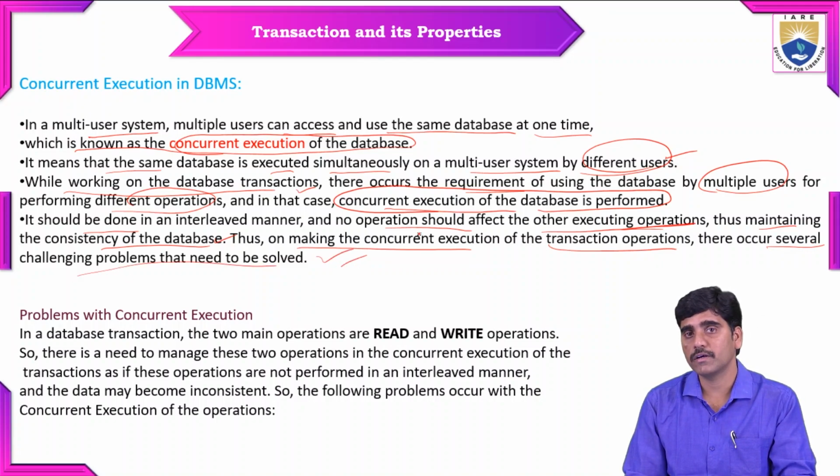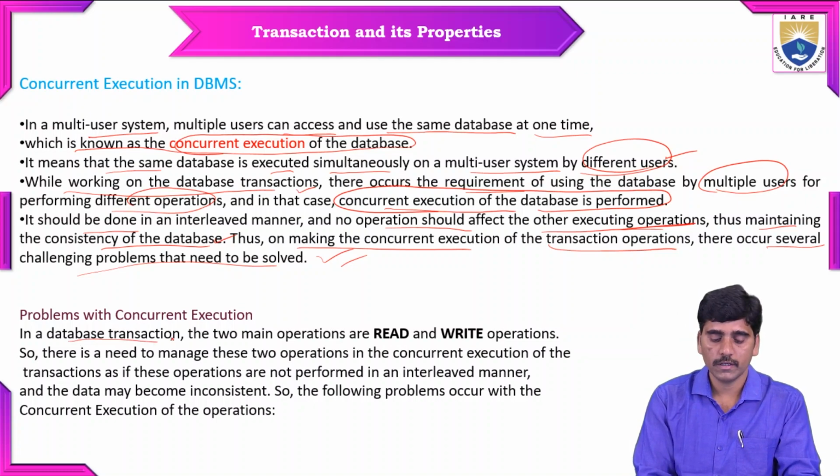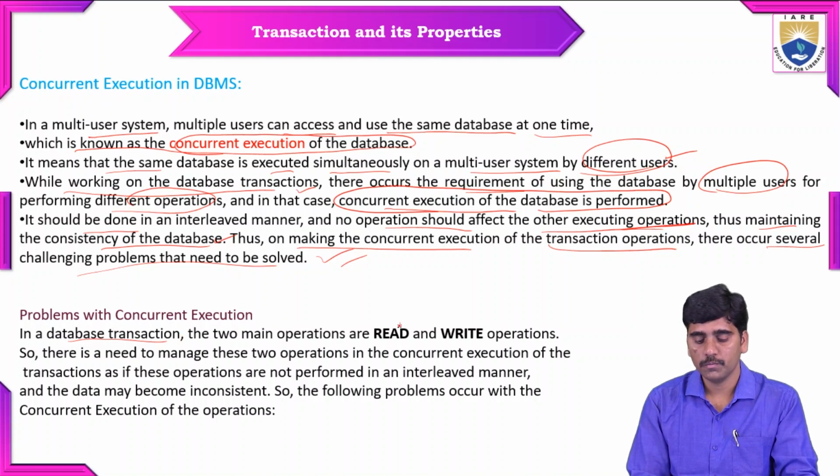So we need to face different types of problems when we are performing concurrent execution. What types of problems are we going to face? In a database transaction, the two main operations are called what? Read and write operations.